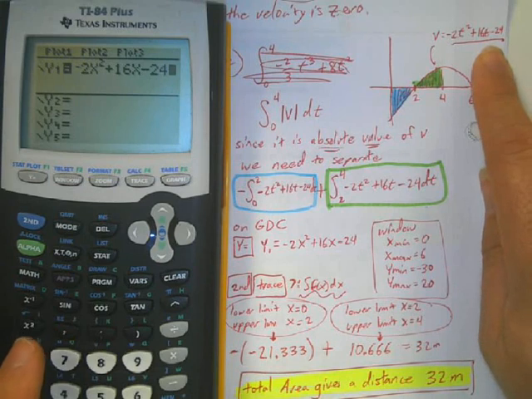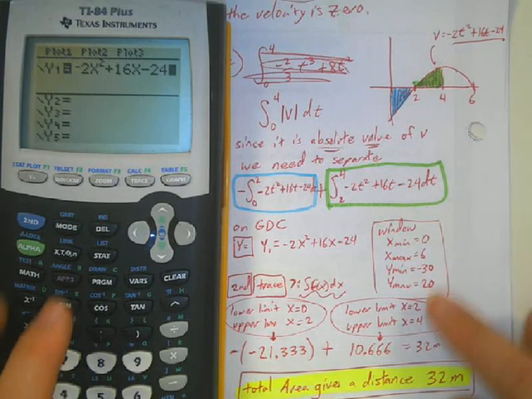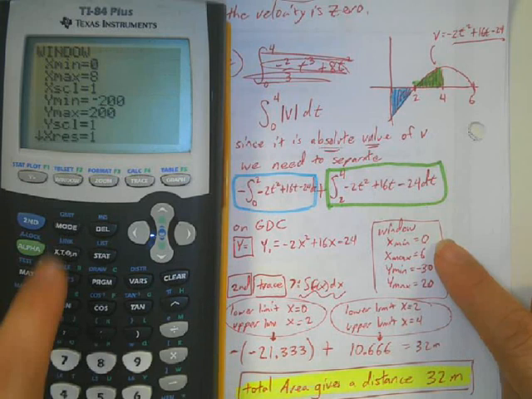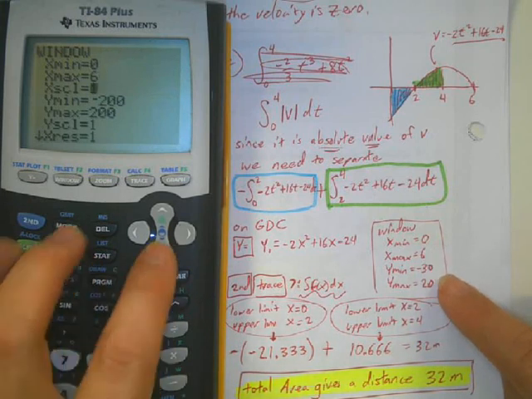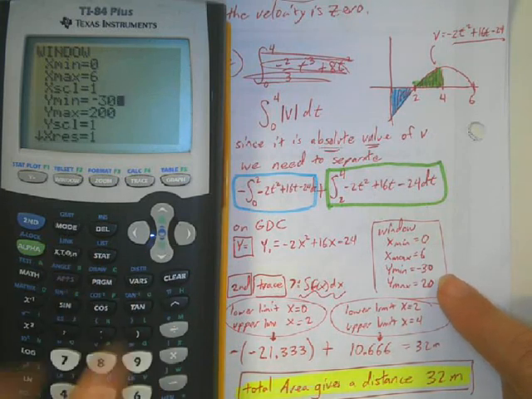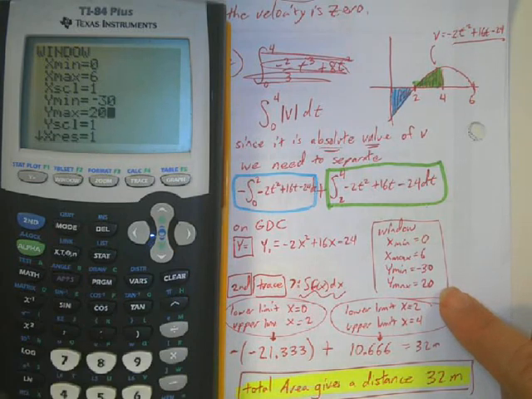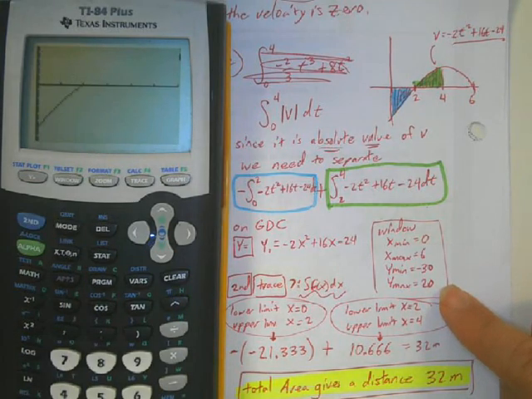And I'm changing the window, 0 and 6, and negative 30 and 20. Graph. And it looks like the picture that I just showed you.